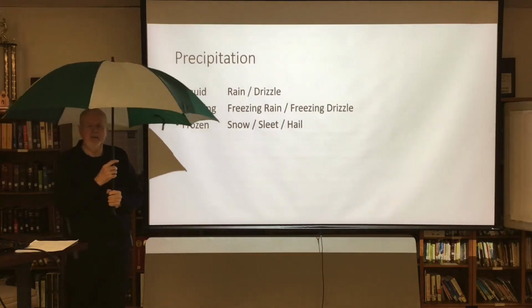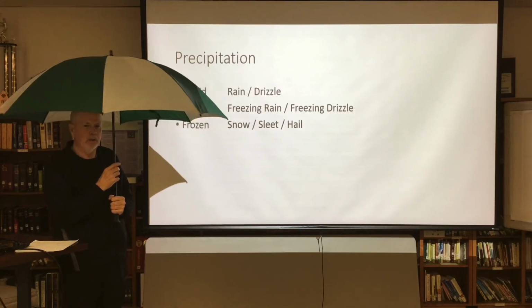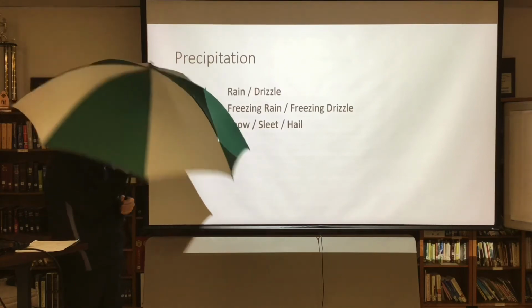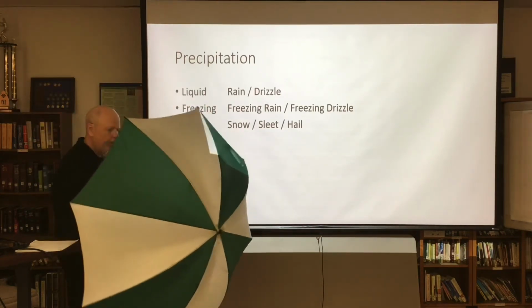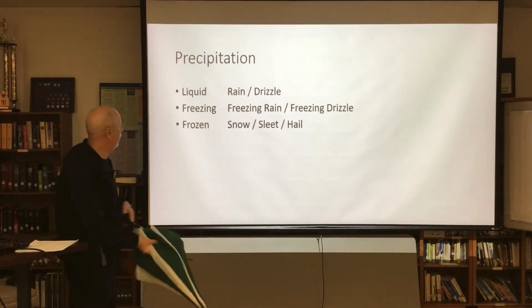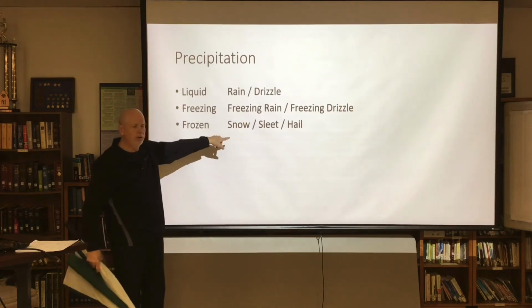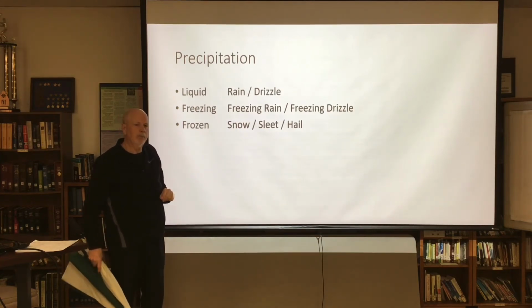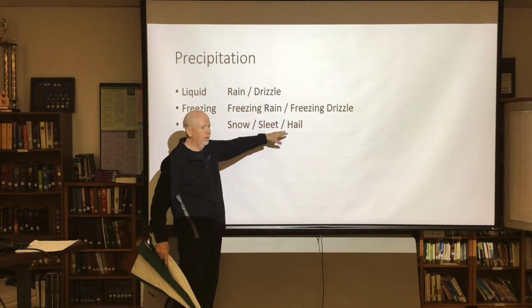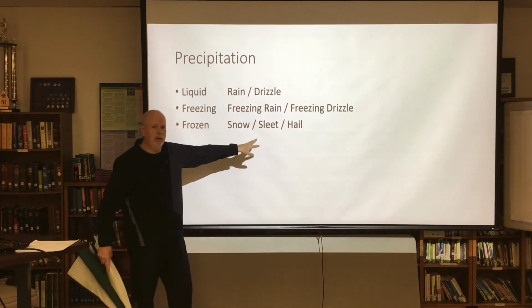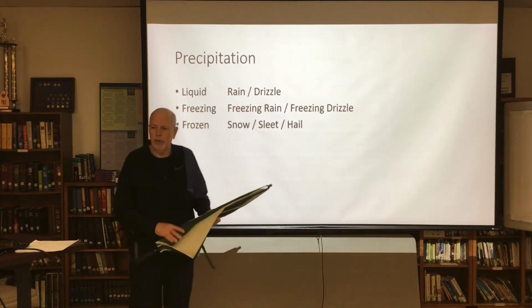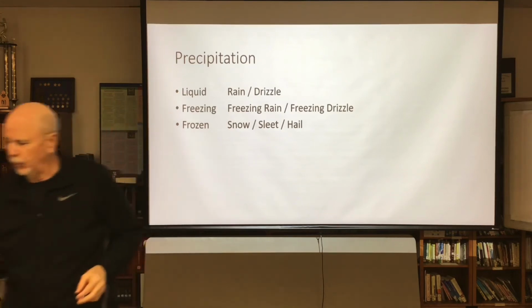But then sometimes if the air around us is colder, this isn't going to do any good because it's going to be coming down as either freezing rain or freezing drizzle or snow or sleet. Now hail is something else that's a little bit different, but it's frozen precipitation also, and we can talk about that a little bit later in the week.